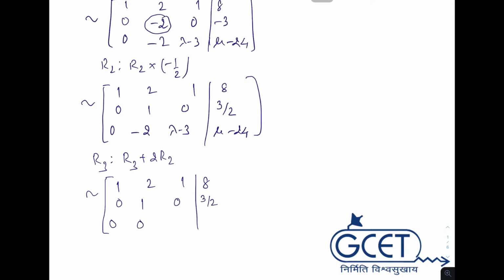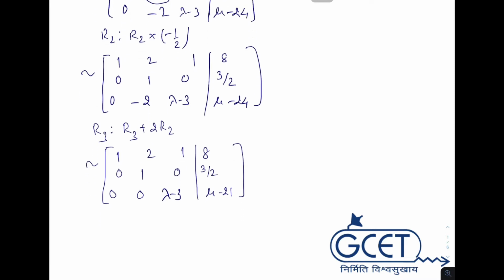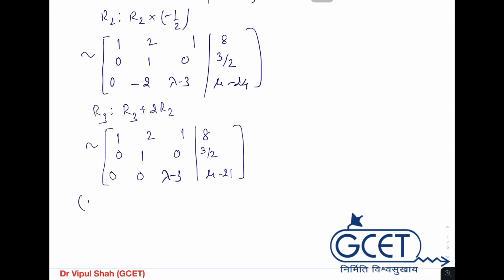This is 0, 0. Then this is 0, so this is same as lambda minus 3. And now multiply this with 2, so that will be 3, and add here, so that will be mu minus 21. So now this is in a row echelon form. So we are in a position to decide for which value of lambda and mu the system has no solution, unique solution.